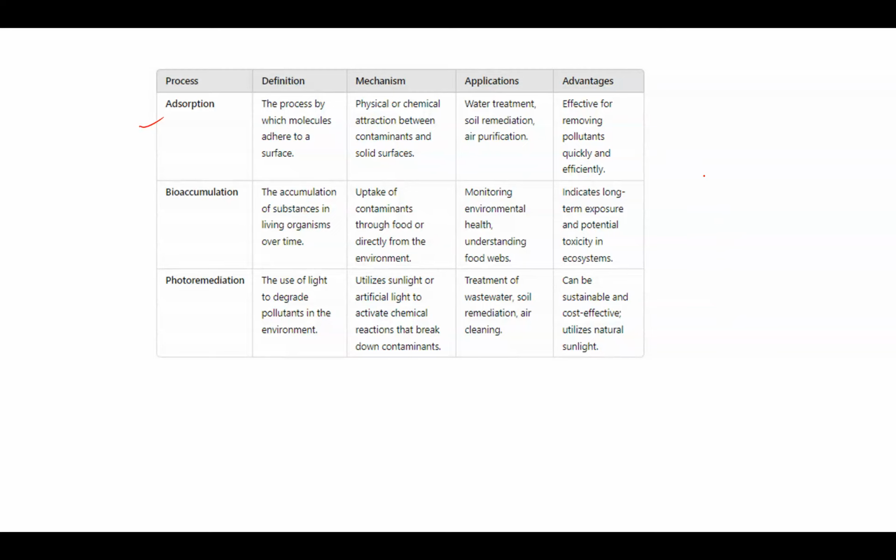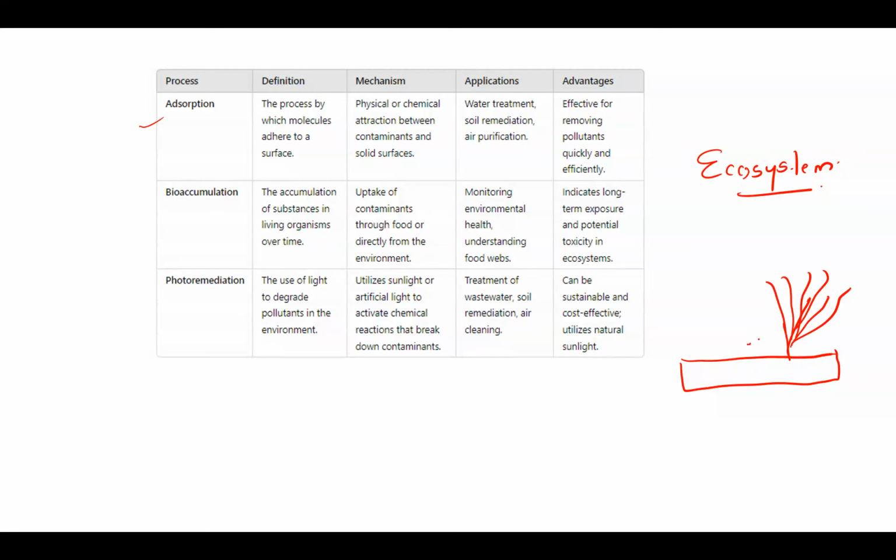So you can see the ecosystem of a wetland. In the ecosystem, there will be soil or some bed, in which the plants will adhere and grow, and then microorganisms are there.